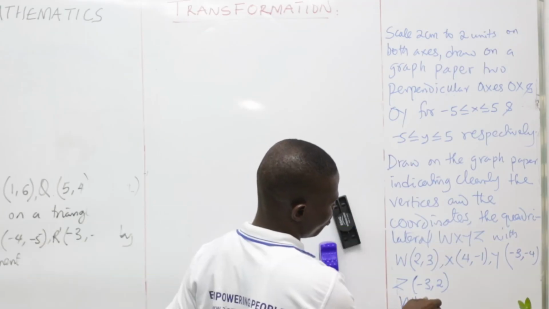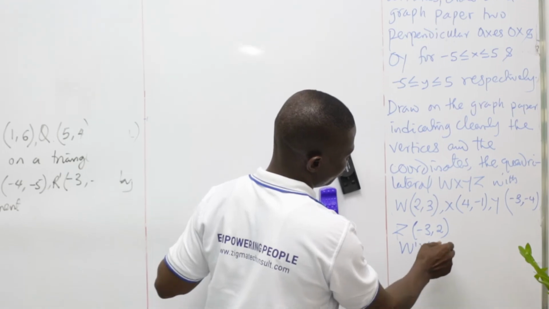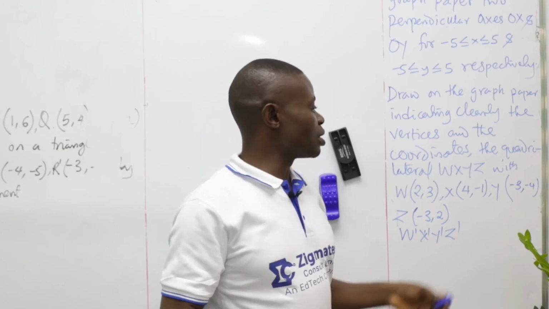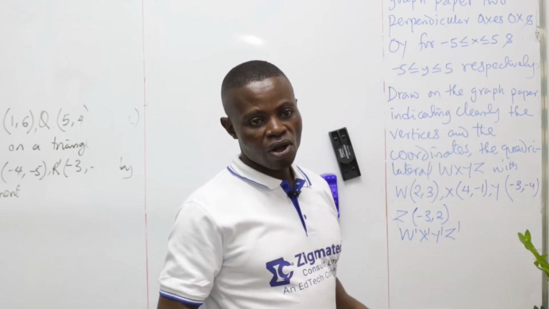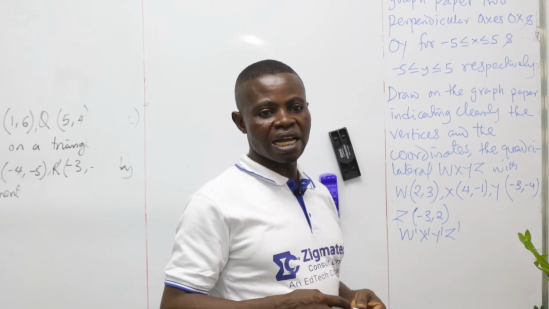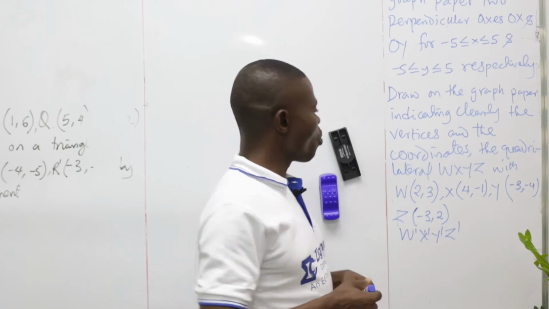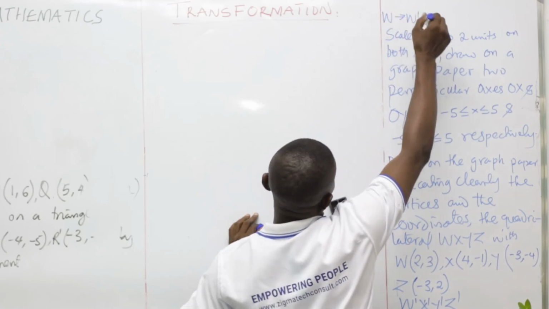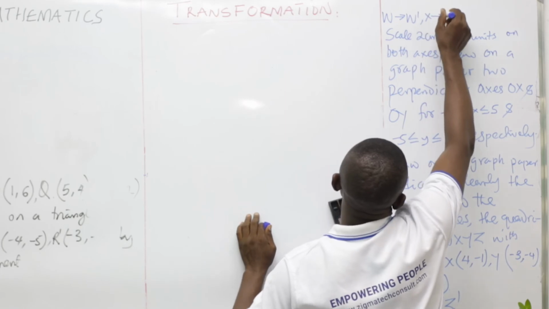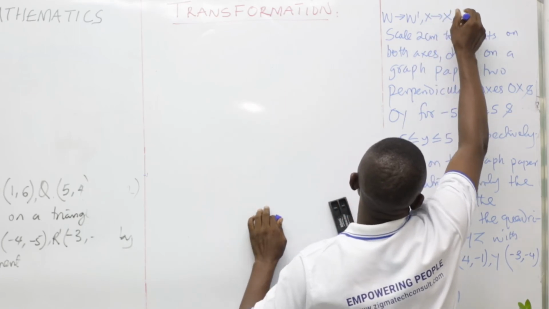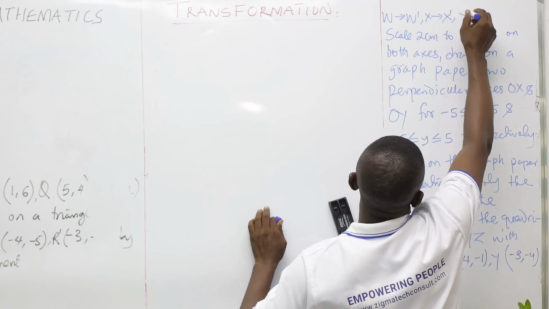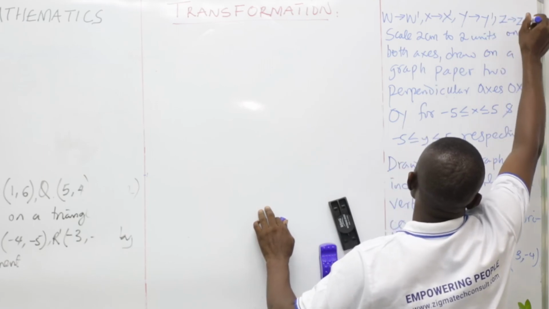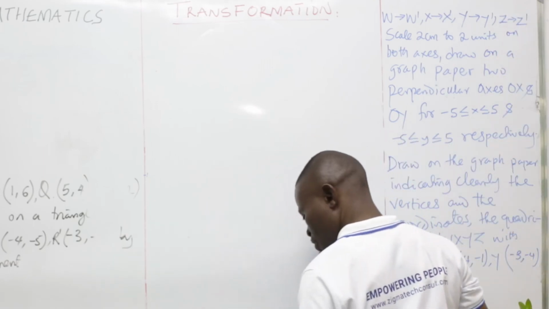W prime, X prime, Y prime, Z prime of the quadrilateral WXYZ under an anticlockwise rotation of 90 degrees about the origin, where W implies W prime, X implies X prime, Y implies Y prime, and Z implies Z prime. Now let us solve this problem.